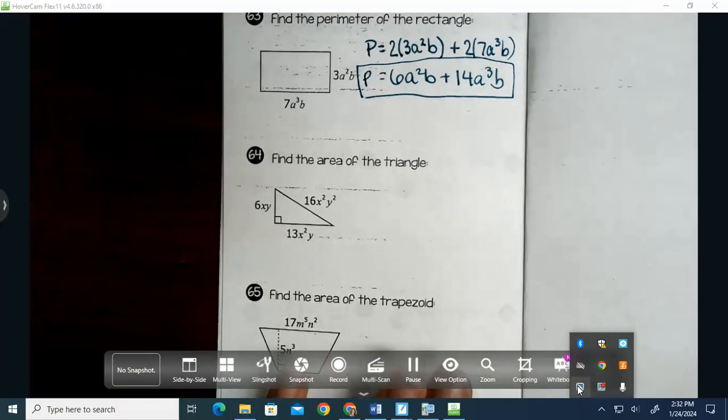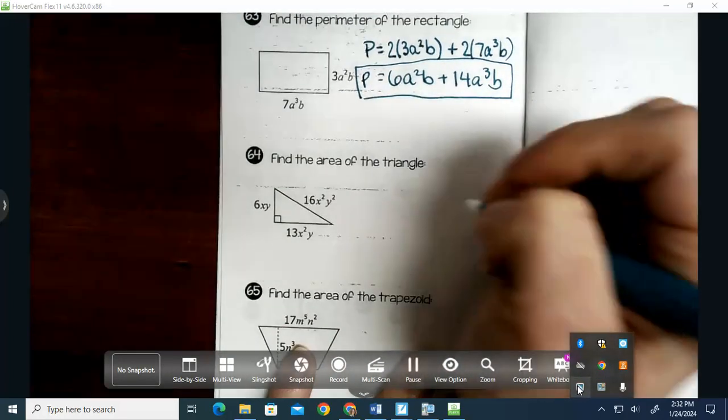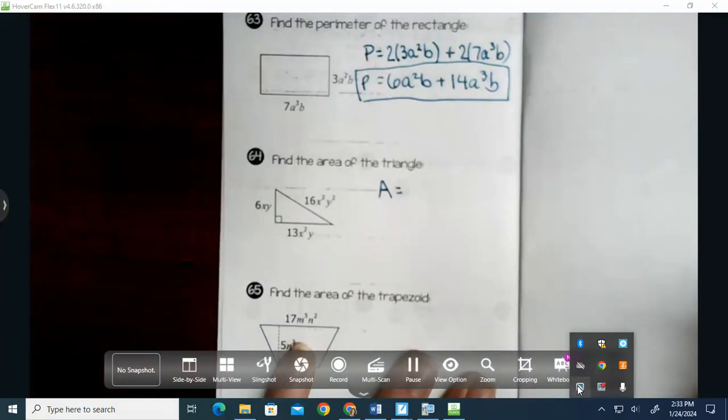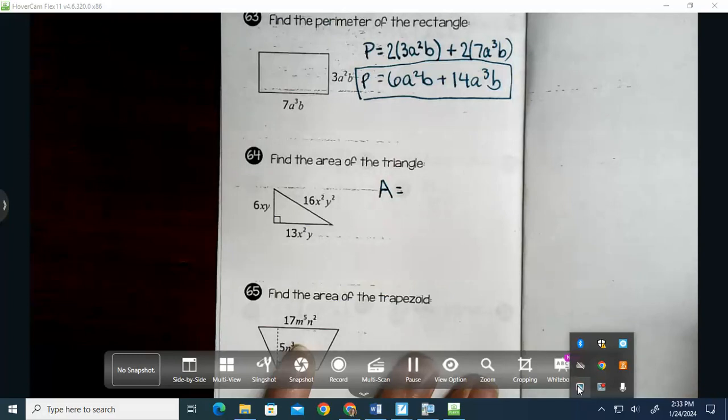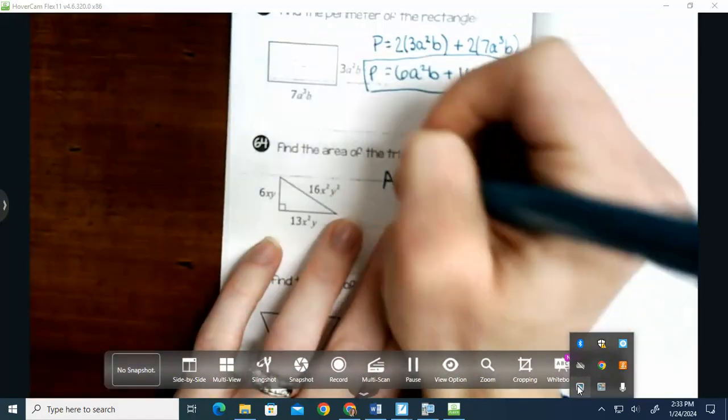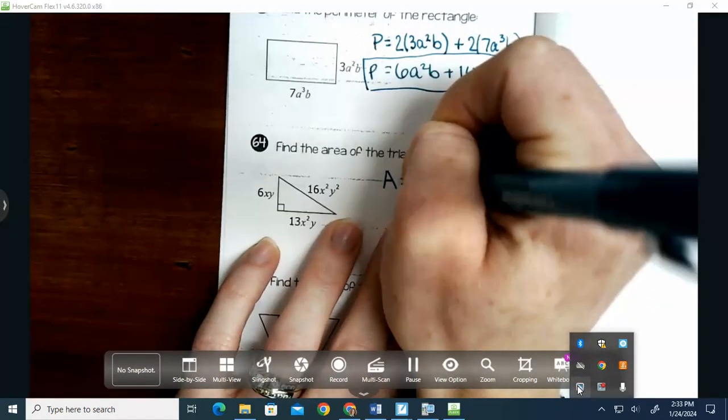How do we find area of a triangle? That's a rectangle. Good.